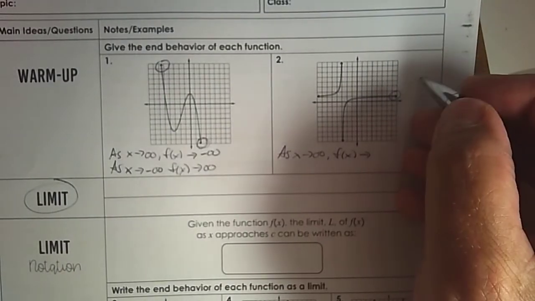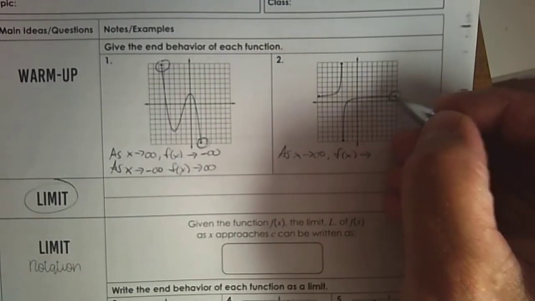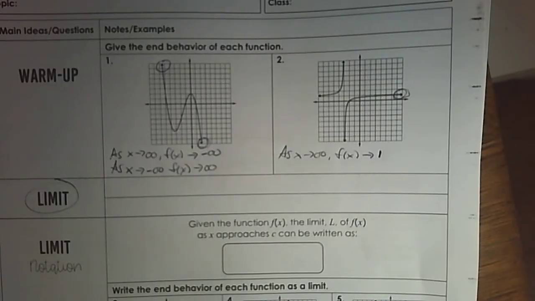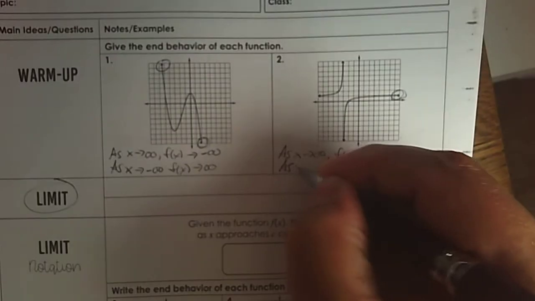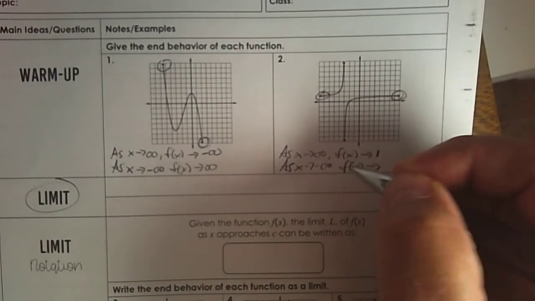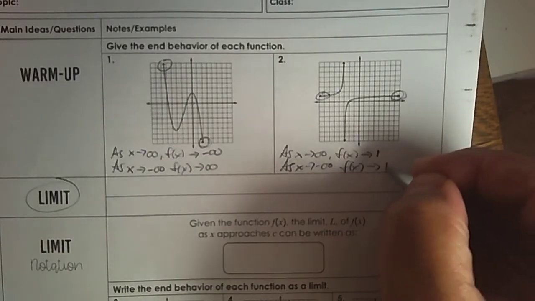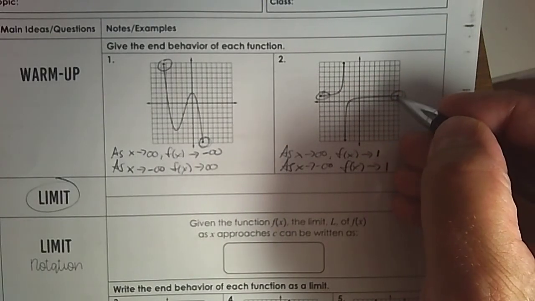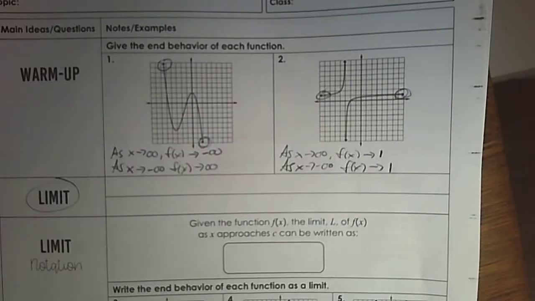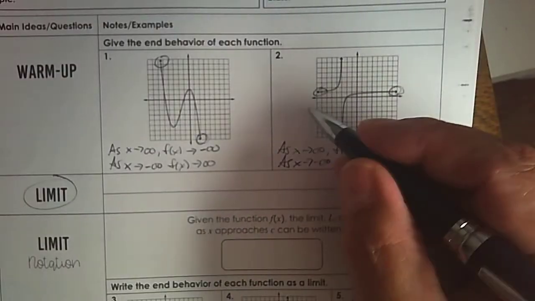Well, this is not going up or down, it's approaching an actual number there. So the function's actually approaching 1. That's a horizontal asymptote. And as x approaches negative infinity, the same thing's happening on the left side. It's also approaching 1. One is approaching 1 from underneath, one is approaching 1 from on top, but they are both approaching the same answer on the right side and left side.